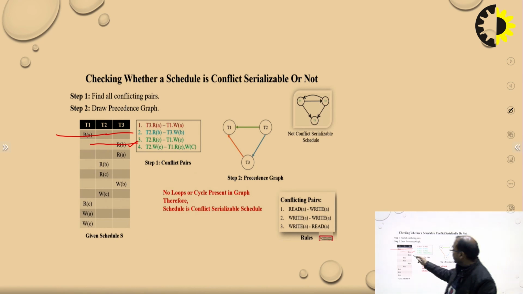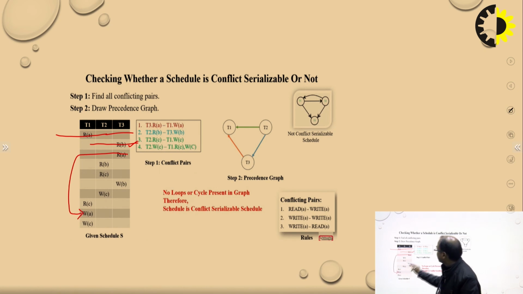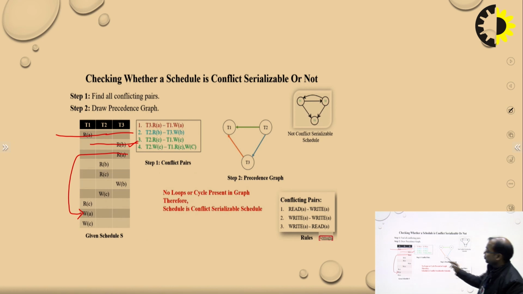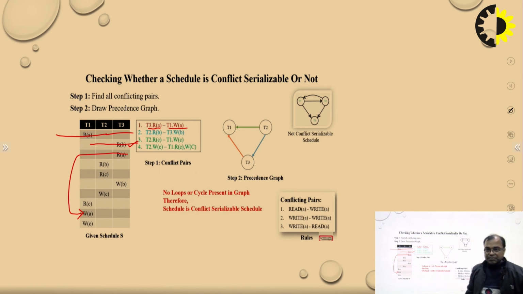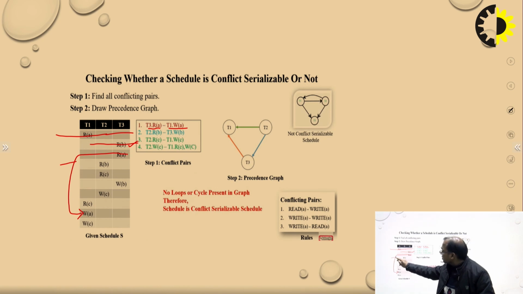Next, the read of A. For this read of A there must be a write on A. Yes, there is a write of A. The read of A conflicts with this write of A. Read-write conflict. So we write here the read operation in transaction T3, and the write operation in transaction T1. Next, the read of B. We must have a write of B in some other transaction.